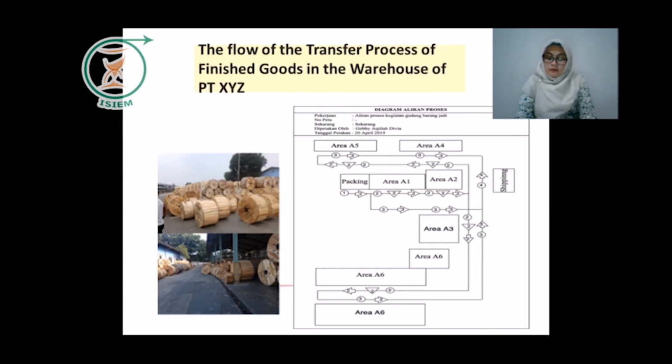The warehouse of finishing goods in the open area is divided into 6 areas, and the haspa moving flow starts from the packaging area, then moved to storage area using forklift. The haspa requested from the warehouse will be moved to the shipping and then shipped to the customer.